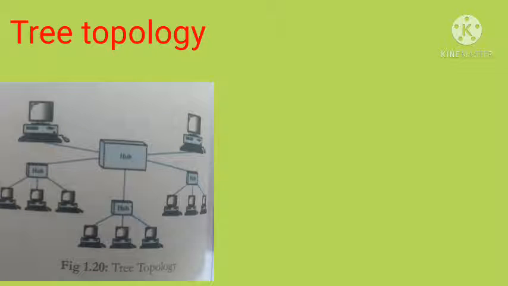Next one is tree topology. It is a combination of many star topologies connected together onto a bus. In this type of network, a hub or a switch is used connecting ports directly to the bus network and works as a root of the network tree.